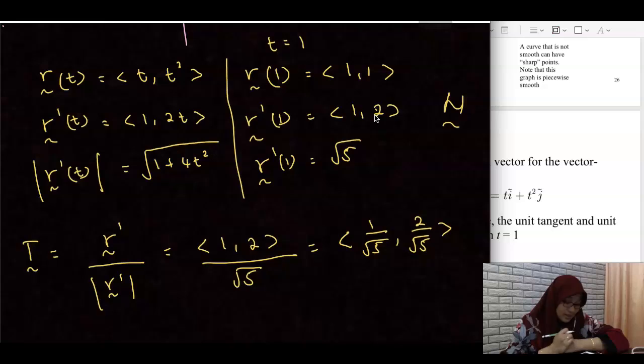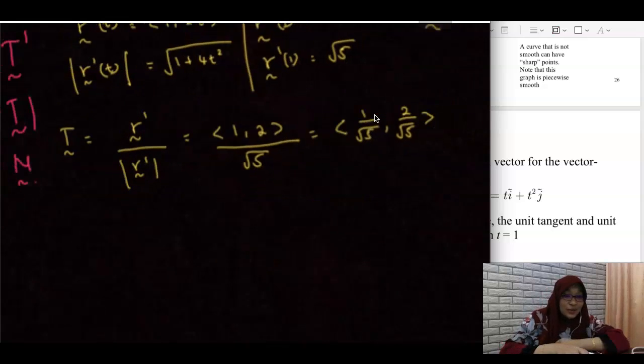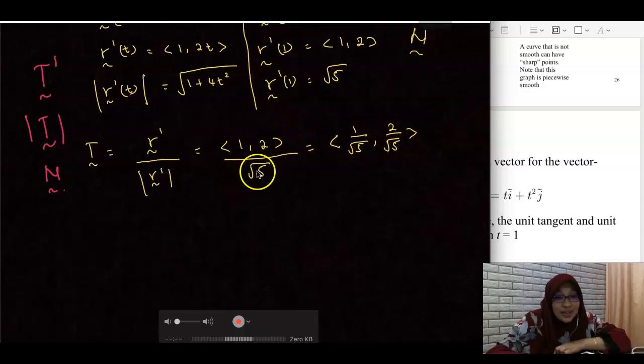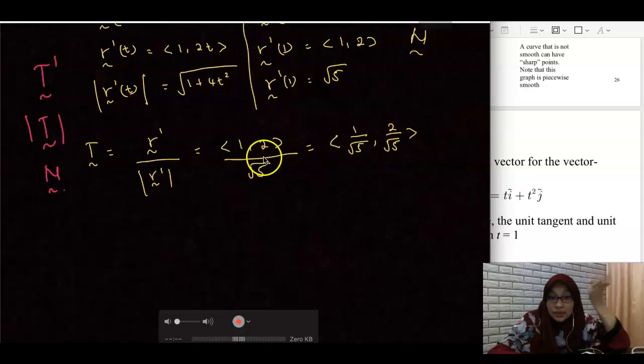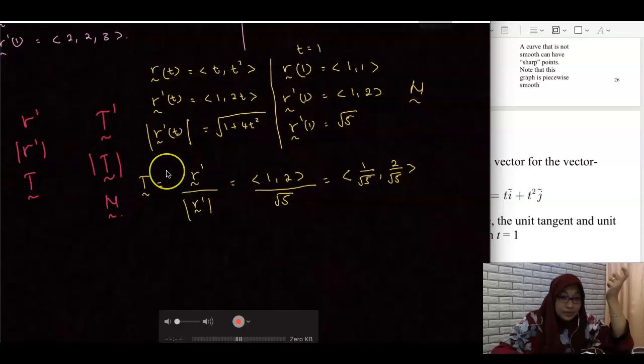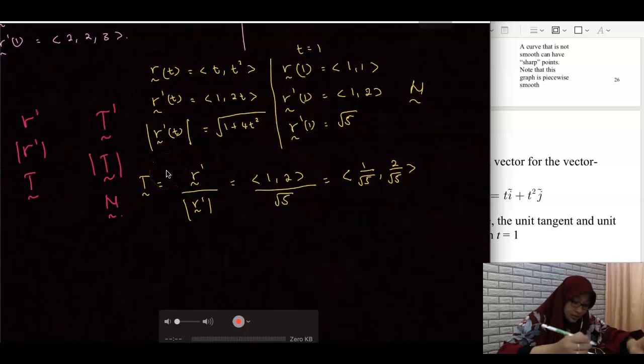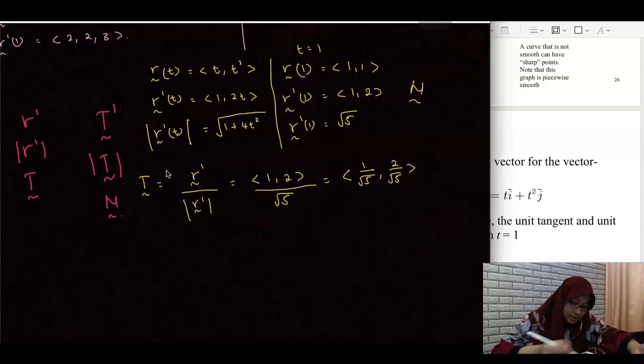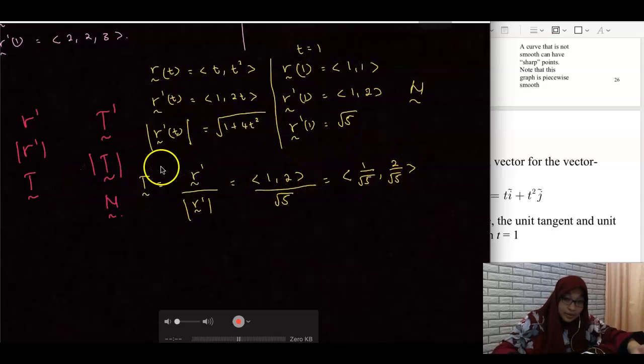But that is your T at that specific t. Since you already substituted the t, how can you evaluate the unit normal? You can directly use the value you obtained just to compute the T, but in order to get the N, you have to differentiate, so you have to use the expression in terms of t. This value is also useful because after this you have to sketch them.